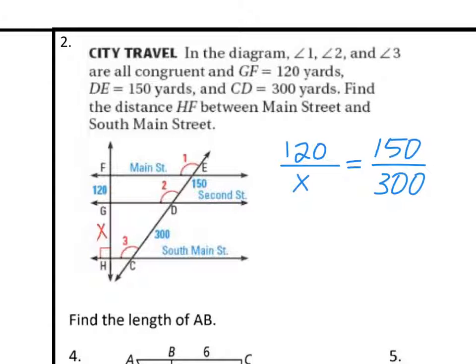You might be able to get this without cross multiplying and solving just by looking at the proportions. But if you need to cross multiply and solve, go ahead and do that. So we're finding the distance GH right now, x. And then we'll find from Main Street to South Main Street.